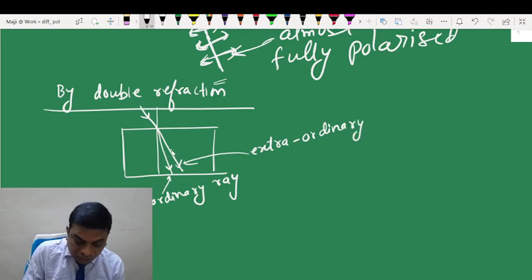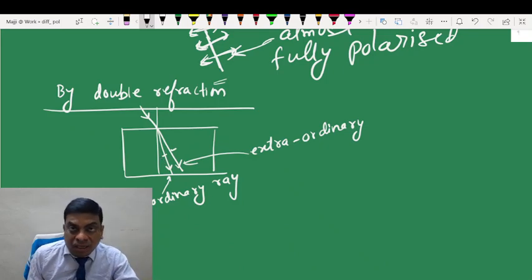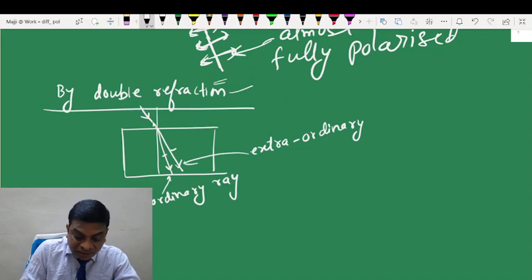Both are plane polarized light, but their planes of polarization are at right angles to each other. So this phenomenon is known as double refraction. You can see a single incident light gets split up into two different refracted rays.